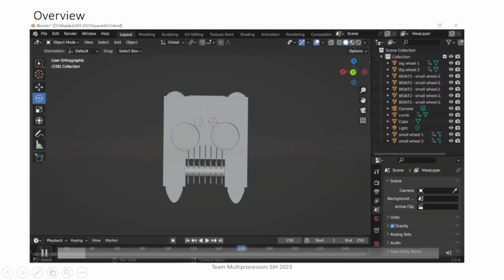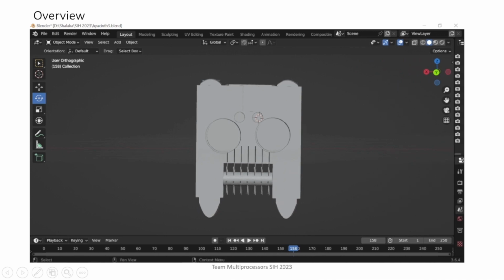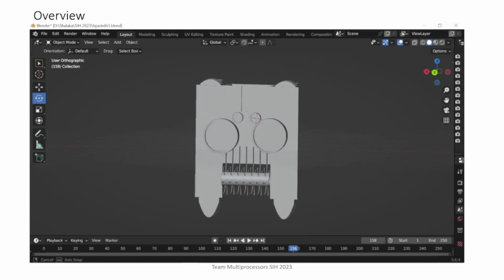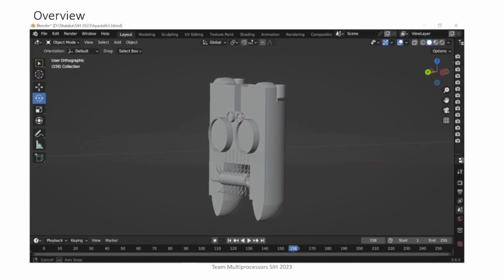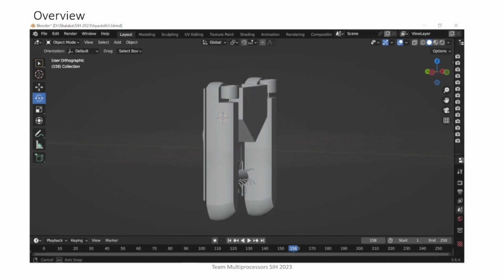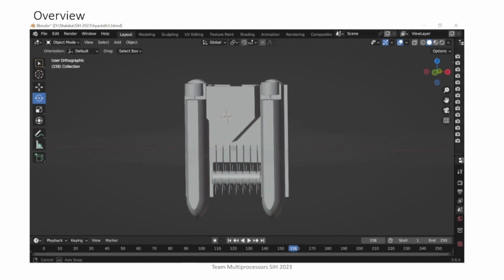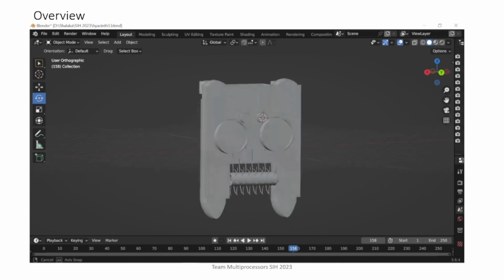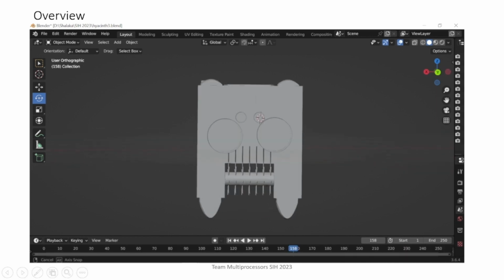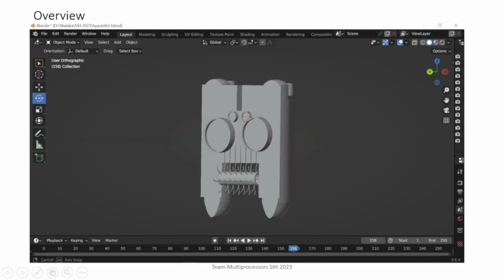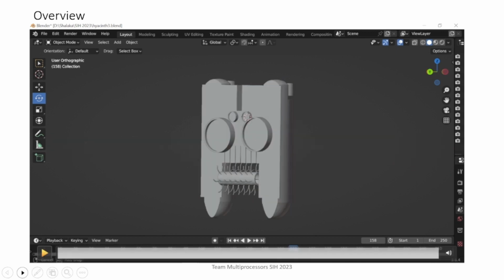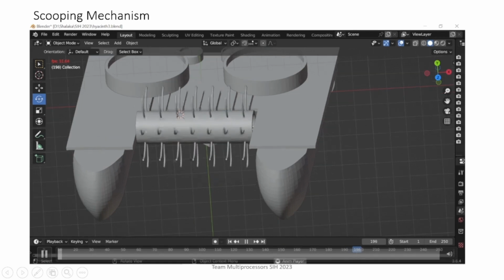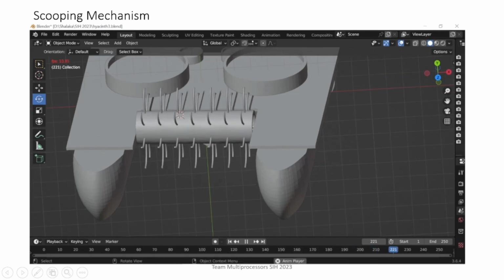This is the vertical overview of our design. Here we explain the scooping mechanism in more detail.